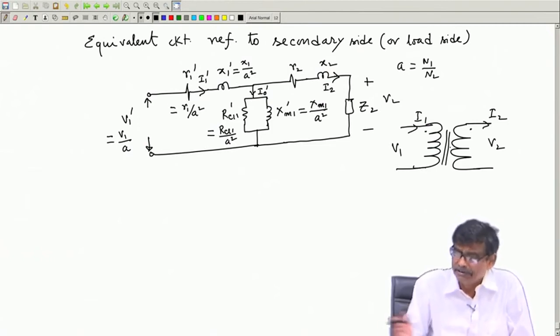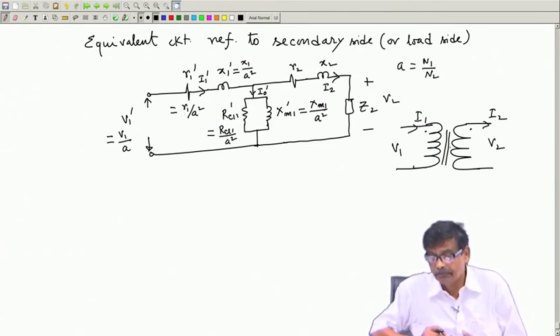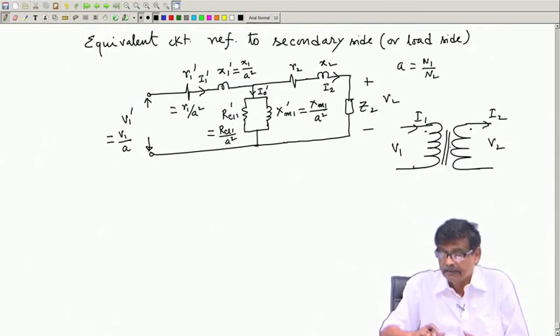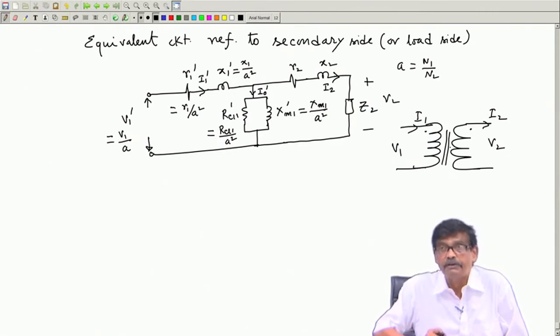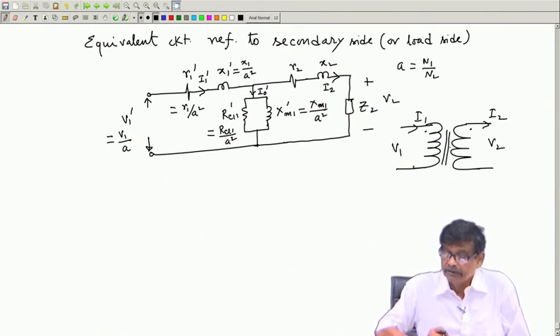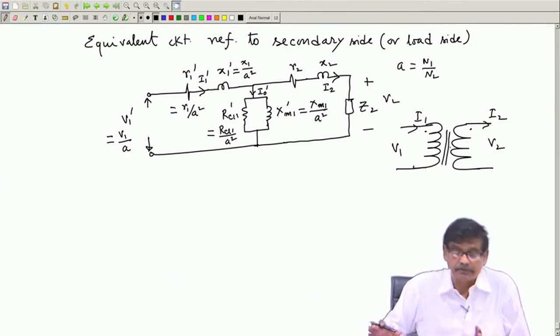So, either way you can now solve the circuit, even nothing is now neglected. But as you know, the parameter values enter into the ideal transformer concept to represent a practical transformer. That is what the thing is.